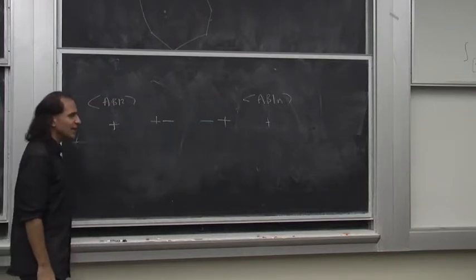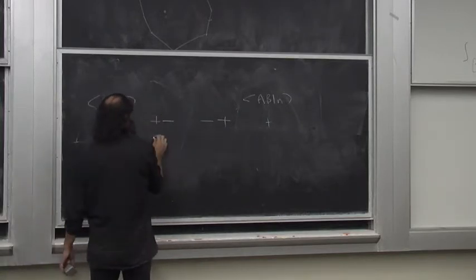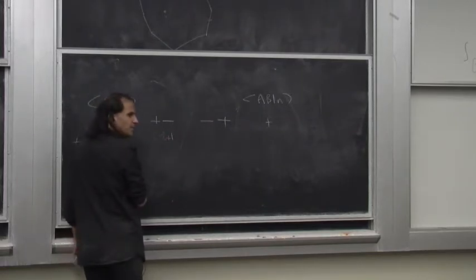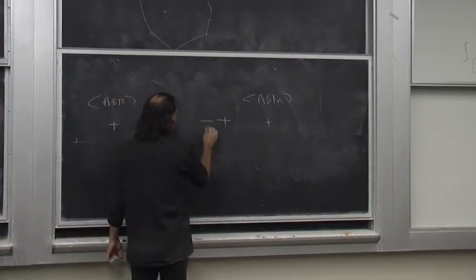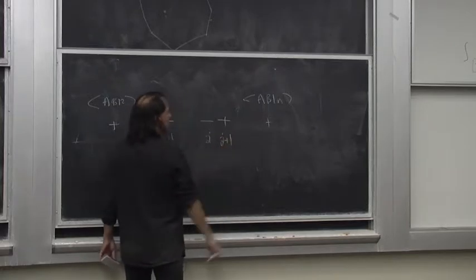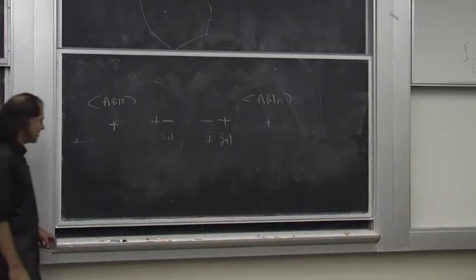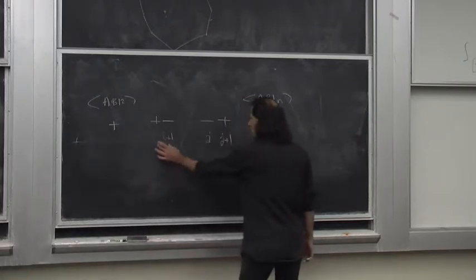Let's call this first place where it changes from plus to minus I. The next one is I plus 1. And then the place where it changes back, J plus 1. So first of all, that's how an I plus 1, J plus 1 enters this problem: there's a place where the sign flip happens.